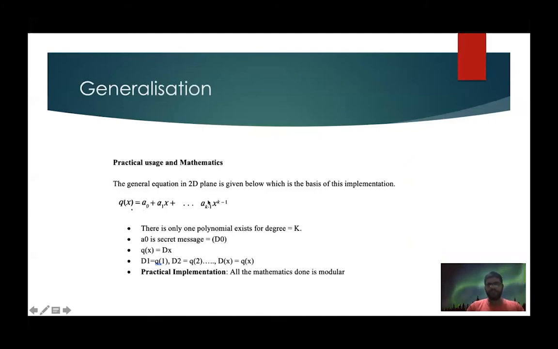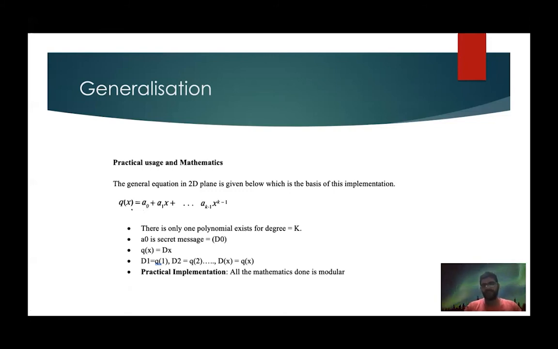This is shown in mathematics with the equation a0 plus a1x plus up to a(k-1)x to the power k minus 1, where a0 is the secret message. To get the value of a0, we need all the values of x and f(x) so that a0 can be found. This is a very clever technique, and a very simple one.